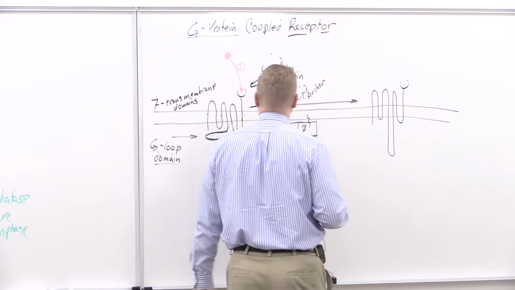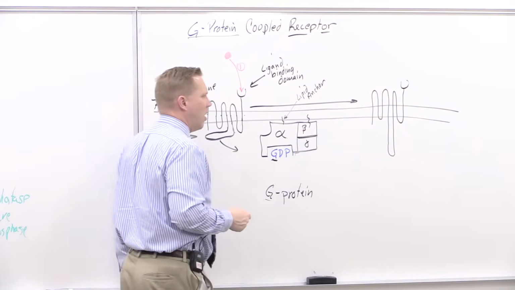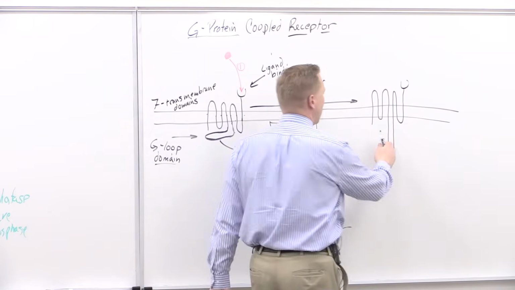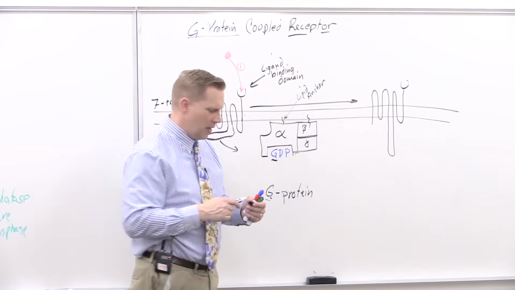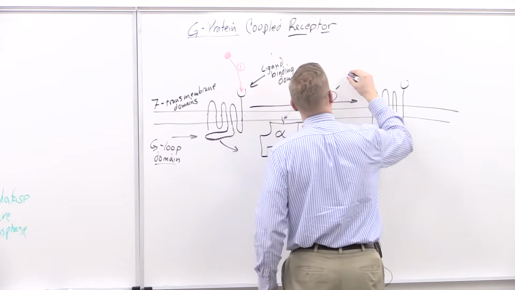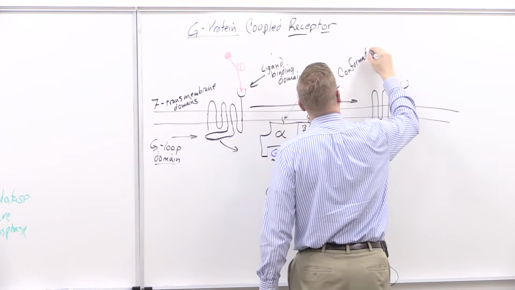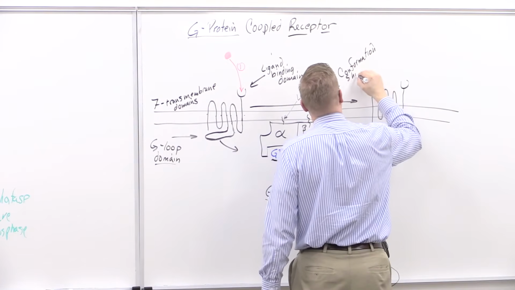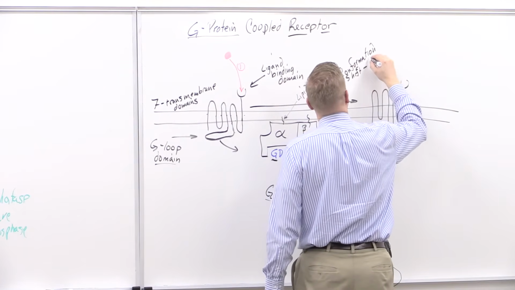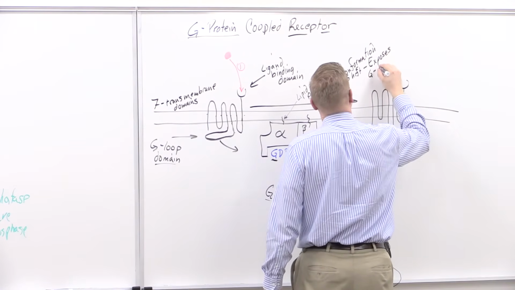Okay. So notice what's happened is this G loop, when the receptor bound, the conformation shift caused the G loop to become exposed. So this would be step 2, and we have a conformational shift. And that exposes the G loop.